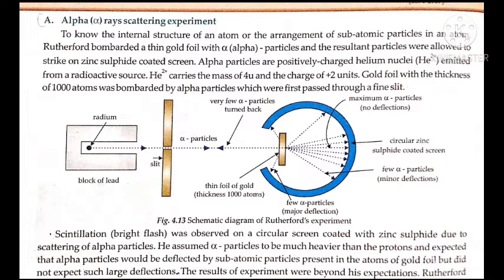Due to scattering of alpha particles, he assumed alpha particles to be much heavier than the protons and expected that alpha particles would be deflected by subatomic particles present in the atoms of gold foil, but did not expect such large deflections.